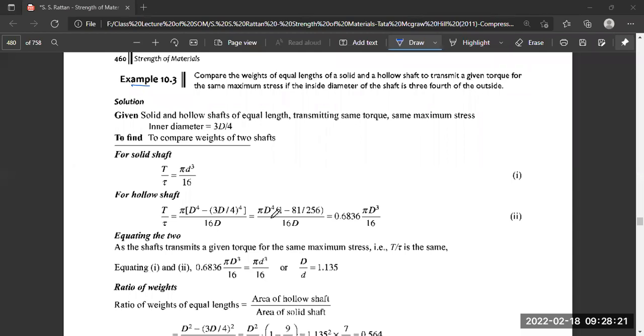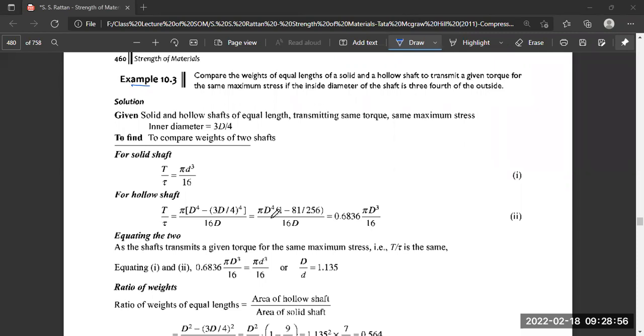So we want to compare the weight of two shafts, one is hollow and one is circular, but the length is equal. They are supposed to transmit the same torque. The inner diameter of the hollow shaft is 3/4 of the outer diameter.